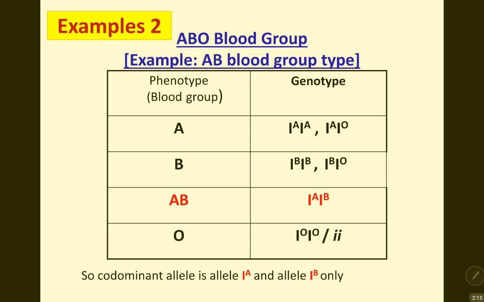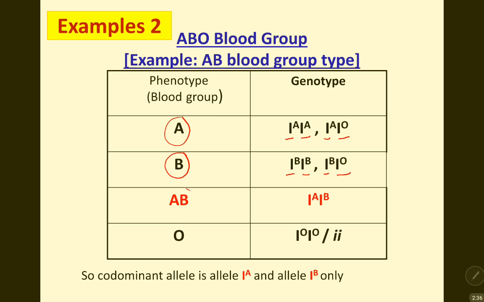Okay. Another example is the human ABO blood group. For a human with blood group A, the genotype is IA-IA or IA-IO. A human with blood group B has genotype IB-IB or IB-IO.